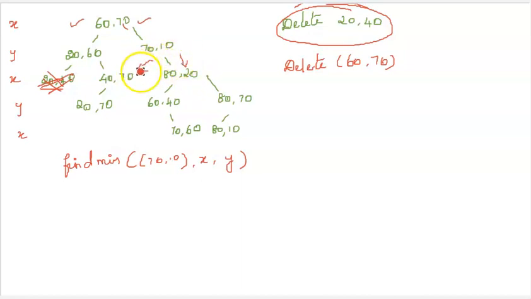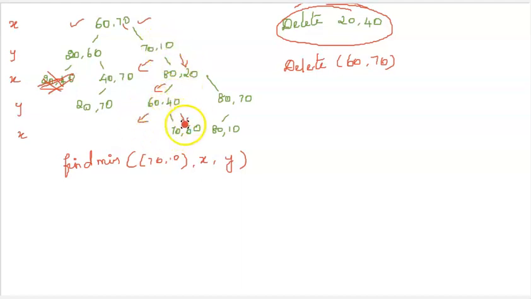So this direction is empty, so it will not return any input from this direction. So let me move this way. So here it is x, so I'll be moving only with the left pointer, and here it is y, so I'll be moving with both the pointers, right? So this is how you find the minimum.